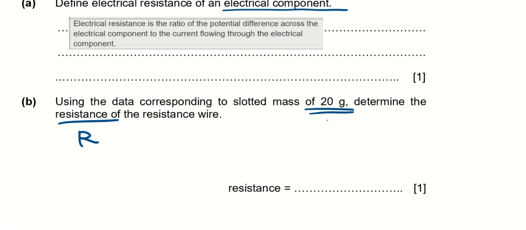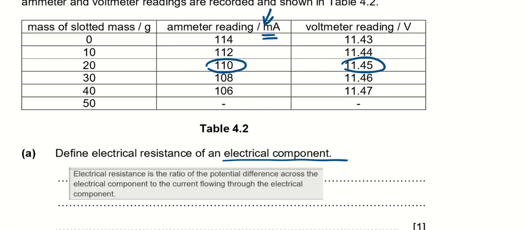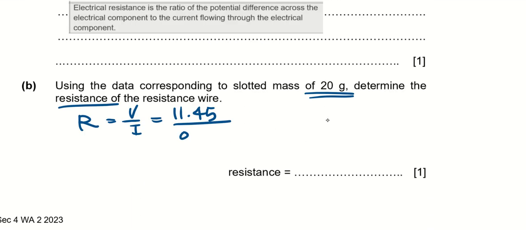Resistance is actually V over I. From the 20 grams data, V is 11.45 and I is 110 milliampere, which is 0.11 ampere. So we'll get a reading of 104 ohms.